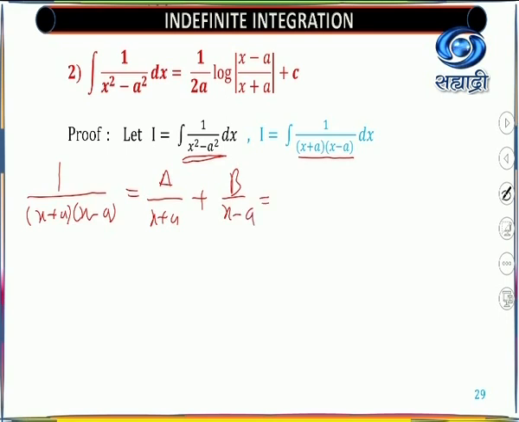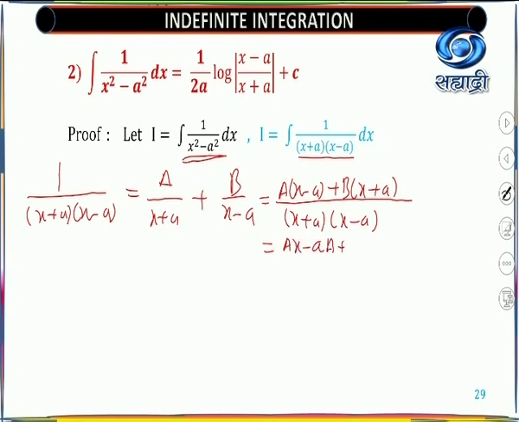Now if you take the LCM here, you get x plus a into x minus a, and in the numerator A into x minus a plus B into x plus a. If you open the brackets completely, you get Ax minus Aa plus Bx plus Ba upon x plus a into x minus a.